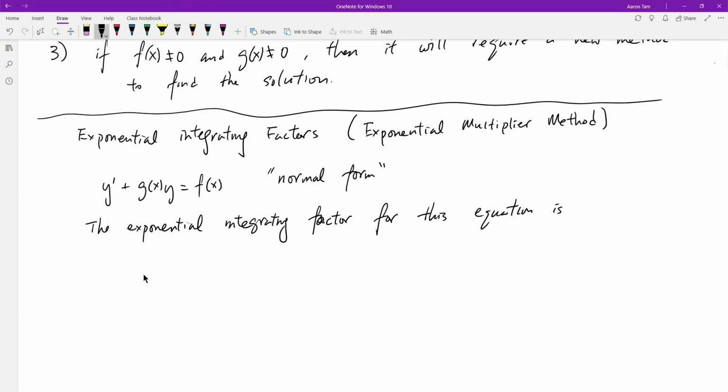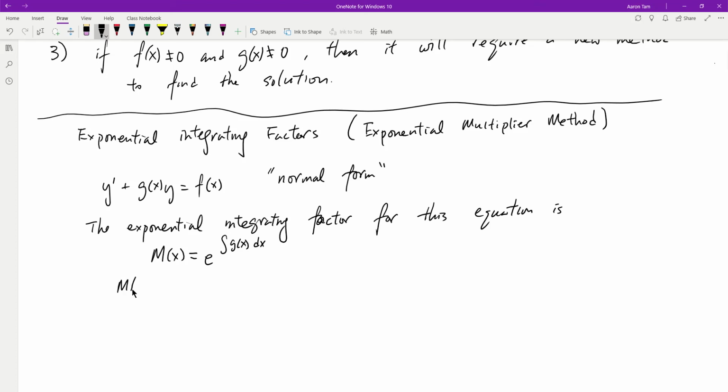We're going to call this exponential integrating factor or exponential multiplier m of x. And m of x is defined to be e to the integral of g of x dx.